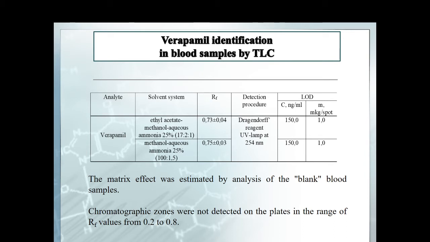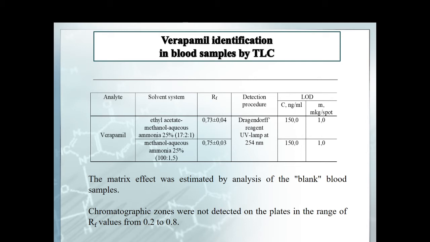For the measurement of limit of detection, verapamil model blood samples were analyzed in the concentration range of 100 to 5000 nanogram per milliliter. We used visual registration of the processed image of TLC plates. For image processing, we used TLC Manager software.